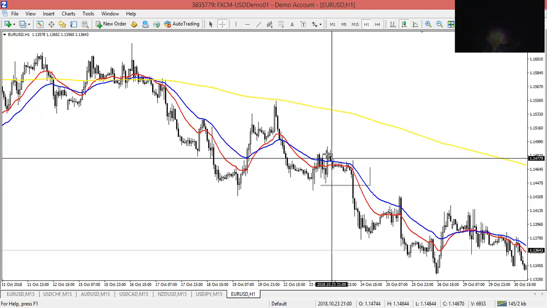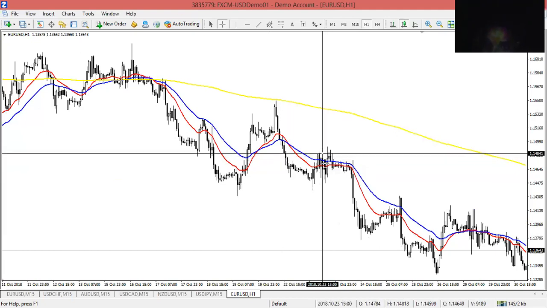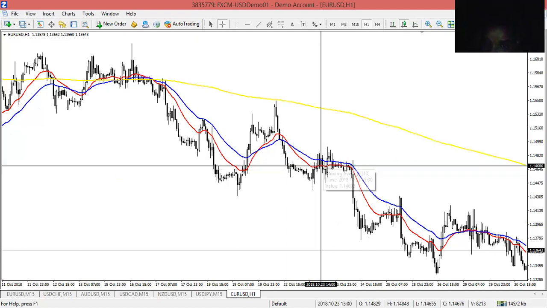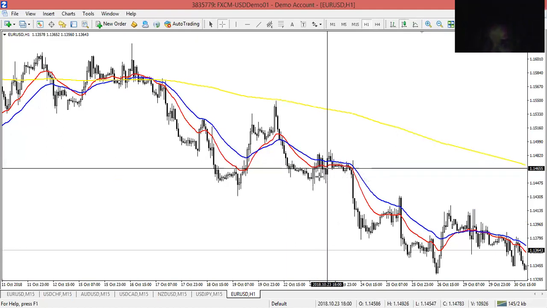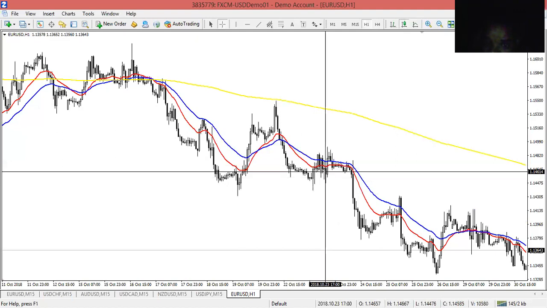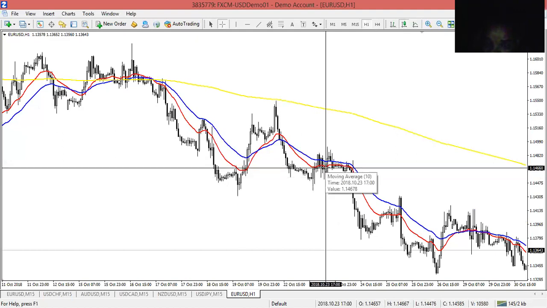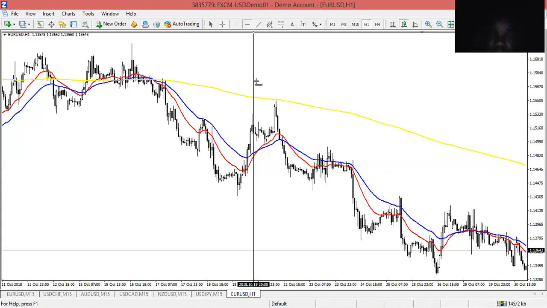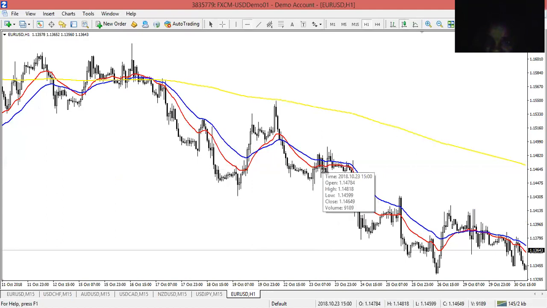After the pullback, you wait for the candlestick to fall below your red. Once it does, you enter. So you'll be entering on this particular candle. Let me place a line so that you see it.